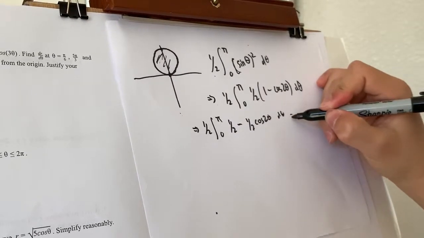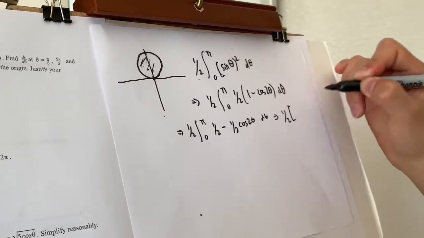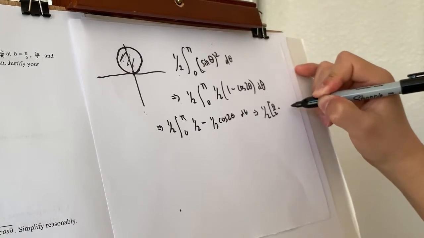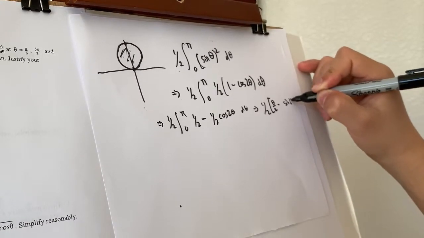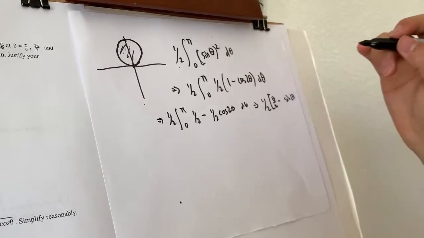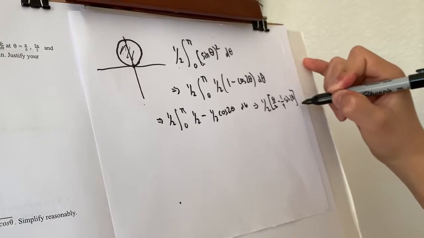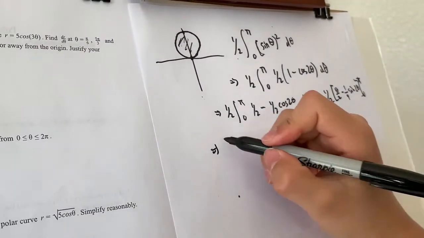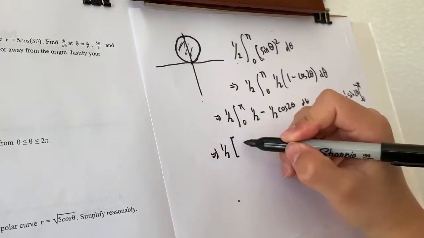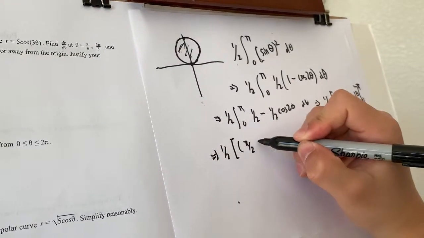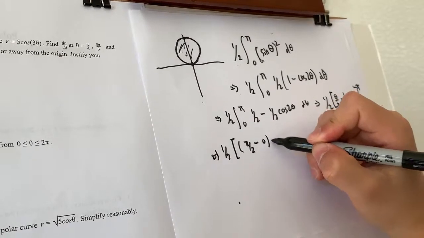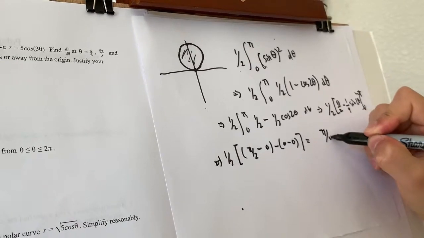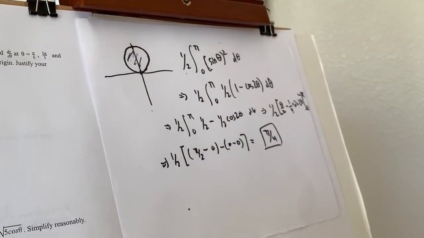Now taking the antiderivative, we get 1/2 of theta over 2 minus sine 2 theta over 4 from 0 to pi. Okay, now plugging the values in, we get 1/2 times (pi over 2 minus 0 minus 0 minus 0), and this equals pi over 4, and that is the area of the circle here.